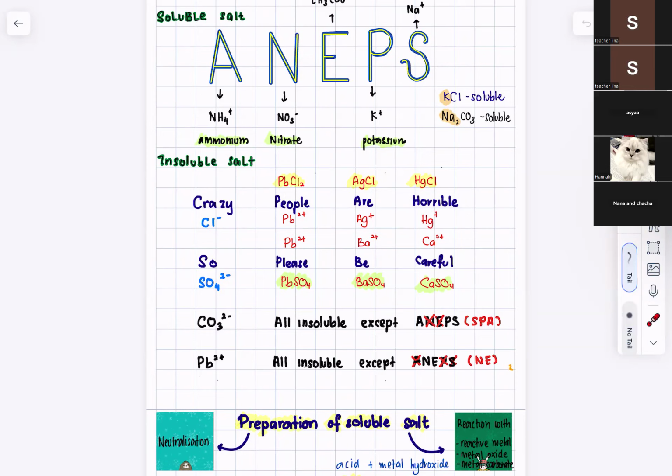Soluble. Copper II carbonate is insoluble, dear. Copper, you got it correct. Now the last one.